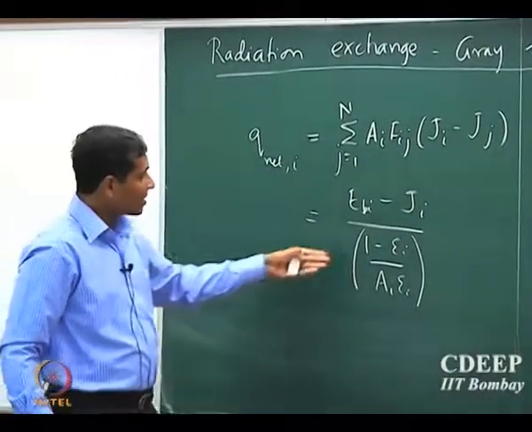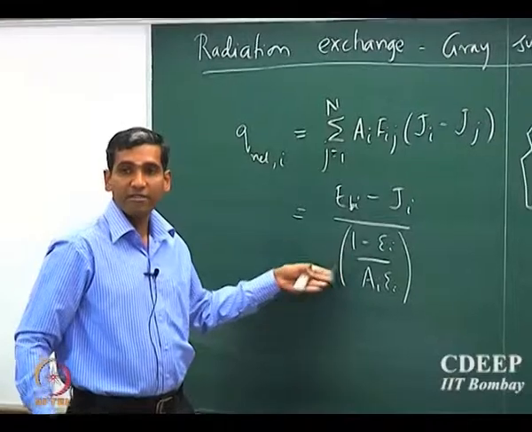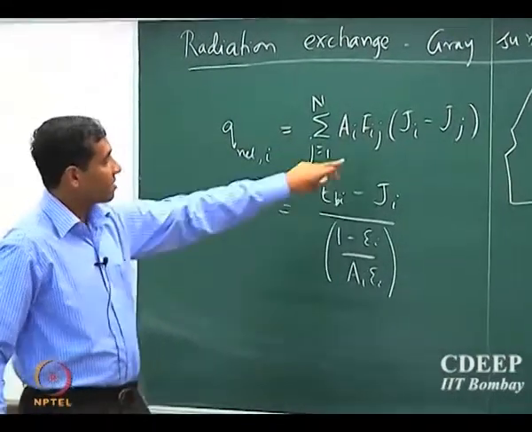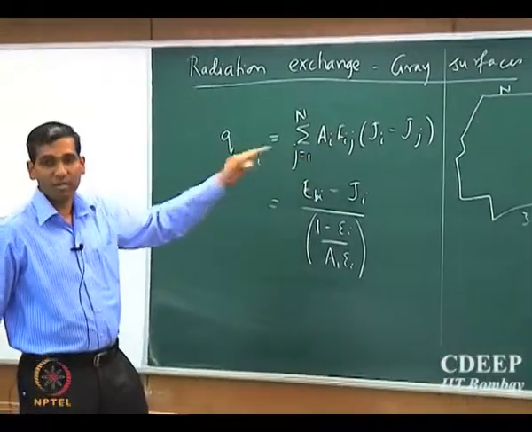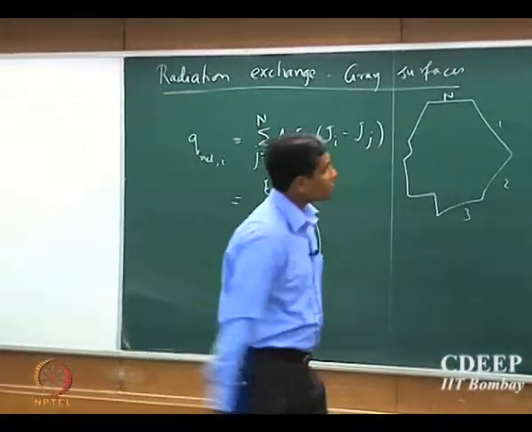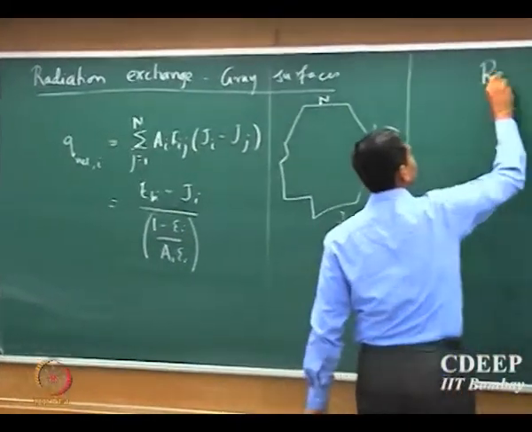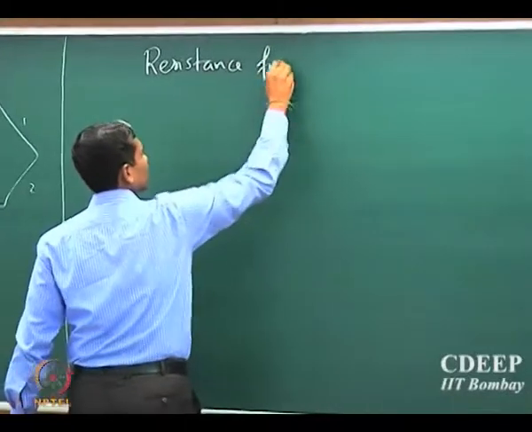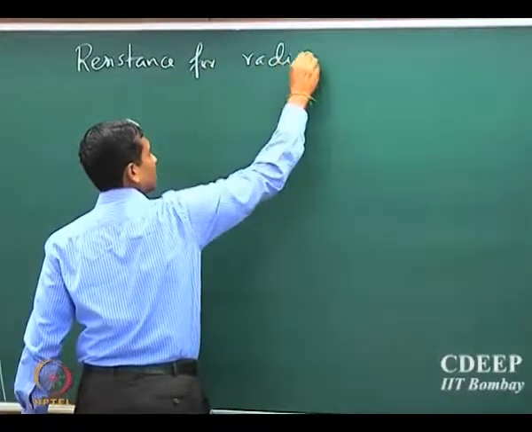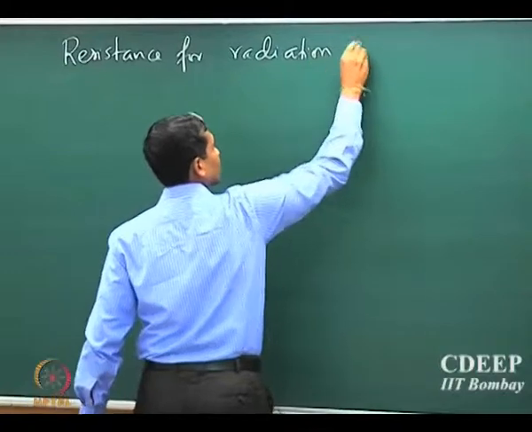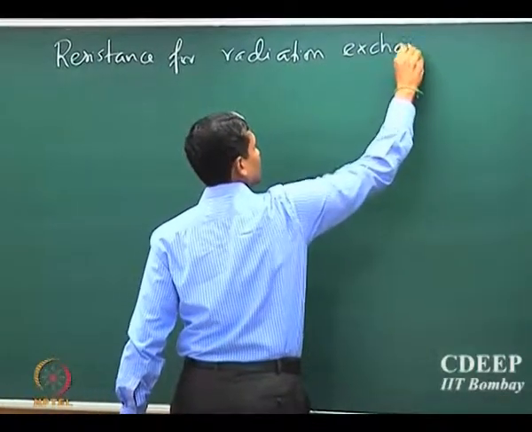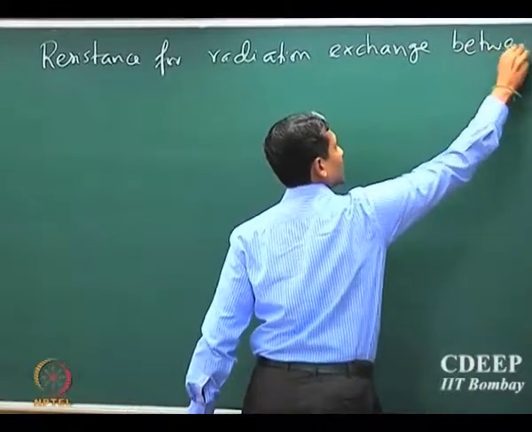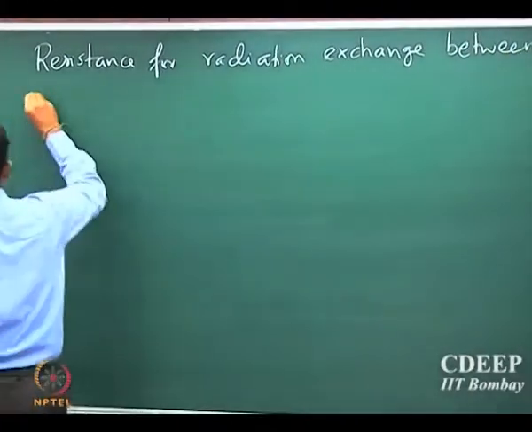Note that this is the resistance for radiation from the surface i, and we can identify resistances for radiation exchange between surfaces.